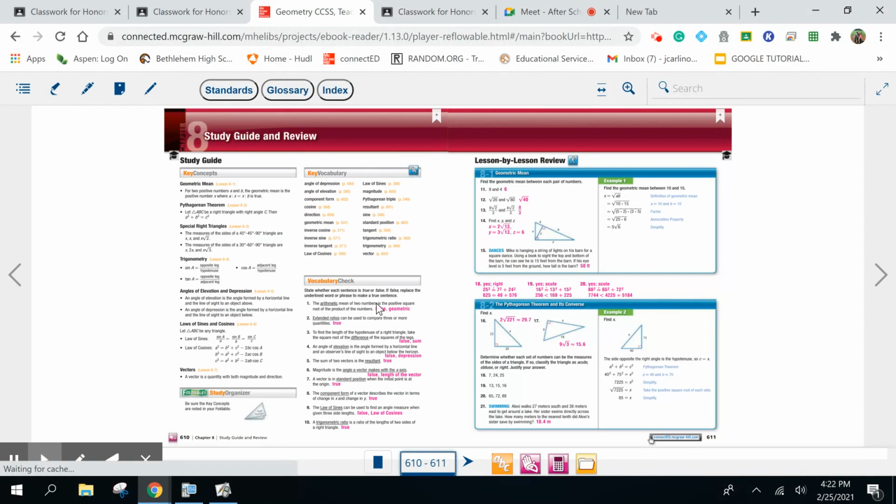Find the geometric mean. You don't have to worry about that. That concept's not going to be on there. That's kind of what we did before I introduced Hills and Sass, where you multiply them and you take the square root. Don't need to worry about geometric mean.